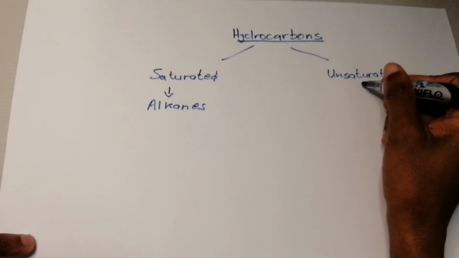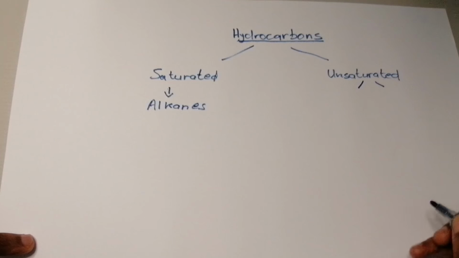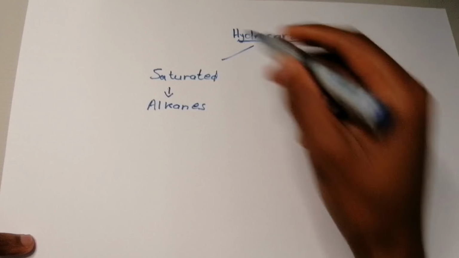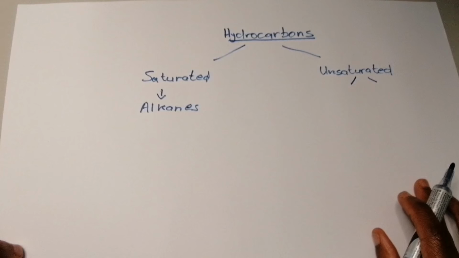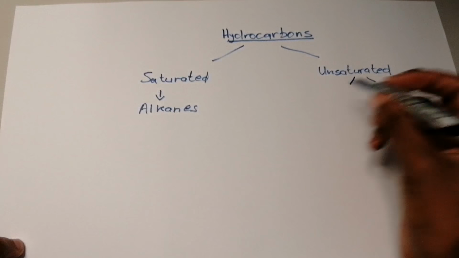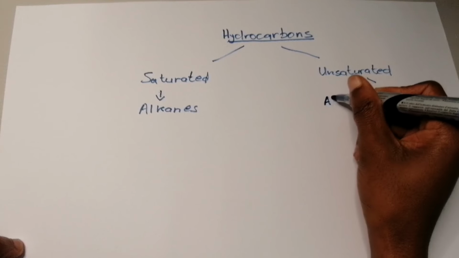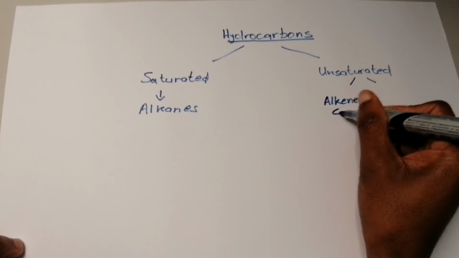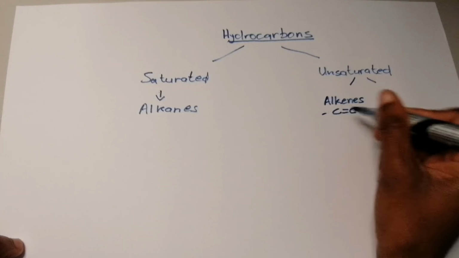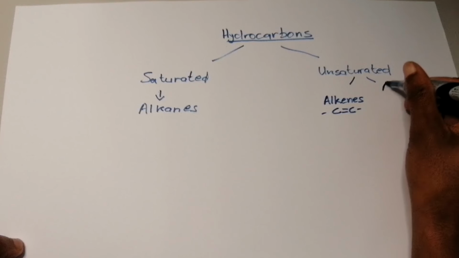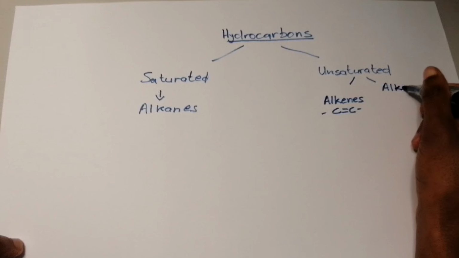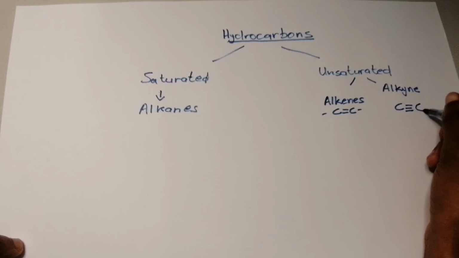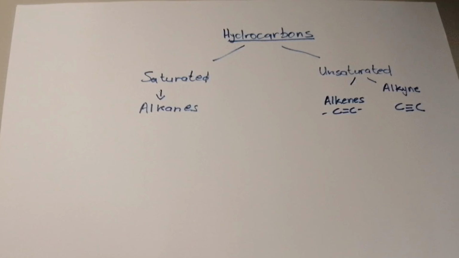And then under unsaturated, they either have a double bond or a triple bond. Remember, we are talking about hydrocarbons. So that can only mean that we are referring to alkenes, the ones with the double bond between carbons, or you're talking about alkynes, the ones with a triple bond between adjacent carbon atoms.